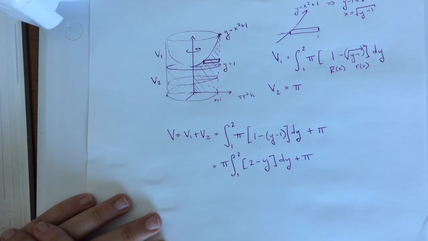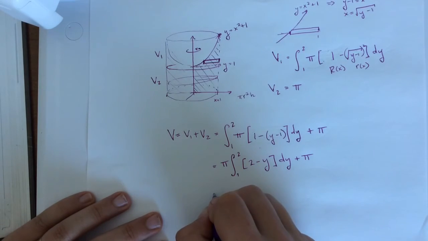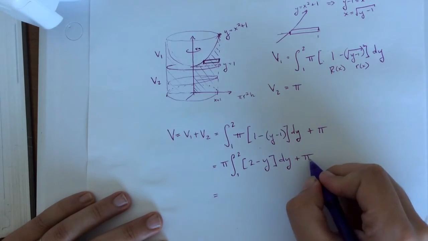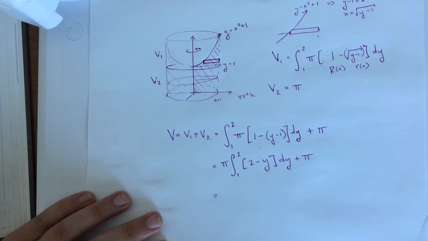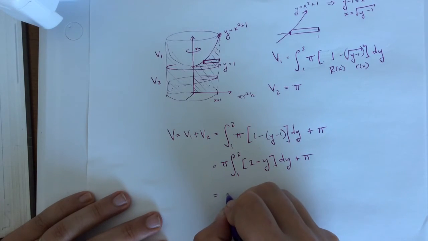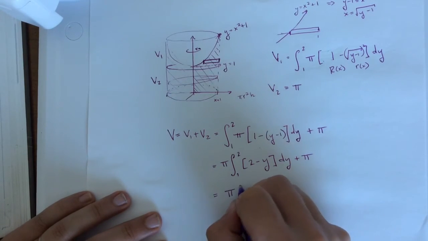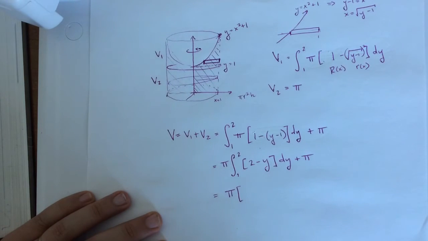Sorry, I was looking at something in my book. This pi is coming from volume 2. And so I get that the volume is pi times the integral. Let's do the antiderivative with respect to y.